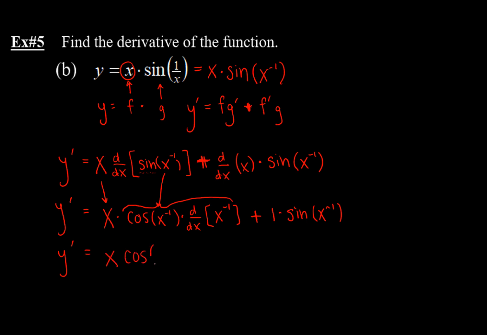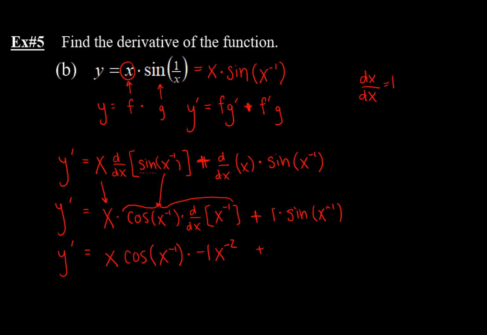The cosine of x to the negative 1 drops down. And then this derivative, I'm going to take the negative 1 and bring it down, and I'm going to have negative 1 times x to the negative 2. And then I'm done because I'm doing it with respect to x, and as we know, the derivative of x with respect to x is equal to 1.